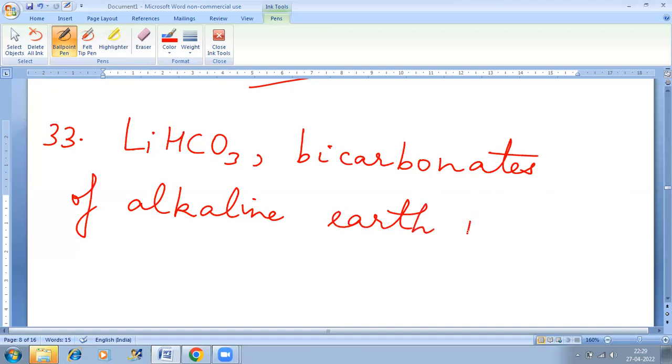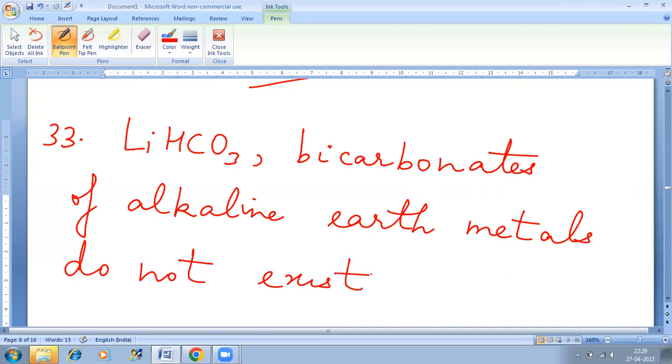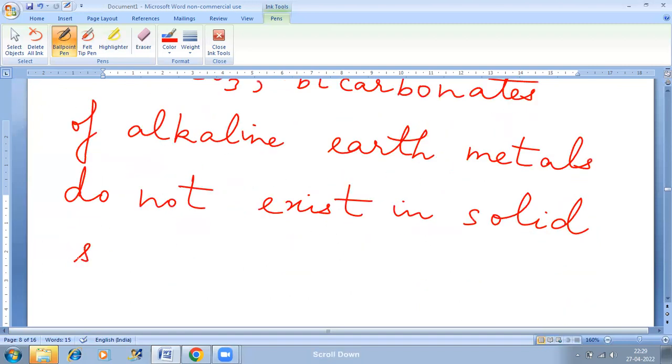That means they exist in solution state. So the answer is 4.00.